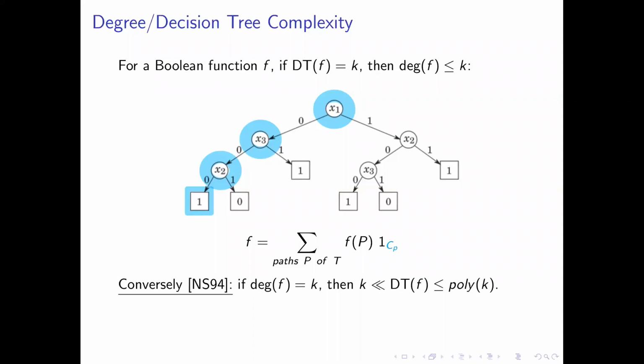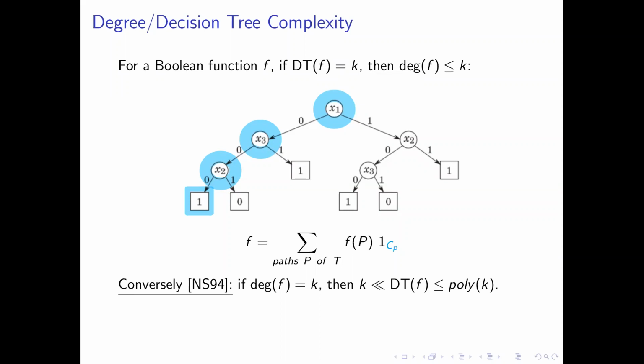And I think this is a surprising result when you look at it from fresh eyes, because what this is saying is that this spectral condition that we have on degree translates into an algorithmic notion of complexity. So we can actually find a very naive algorithm that will compute this function.